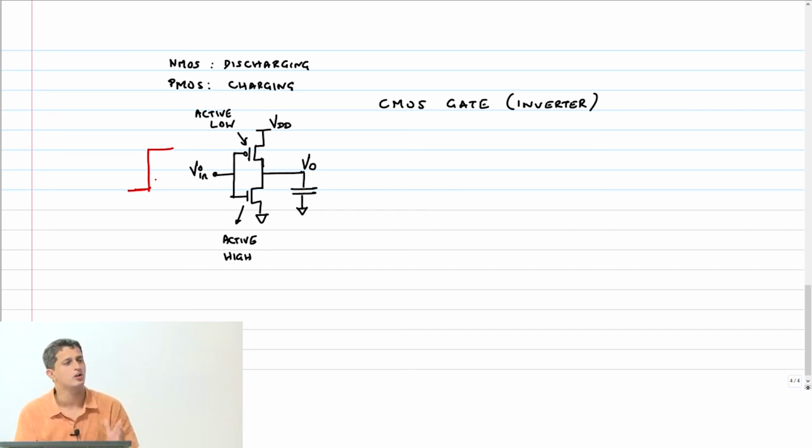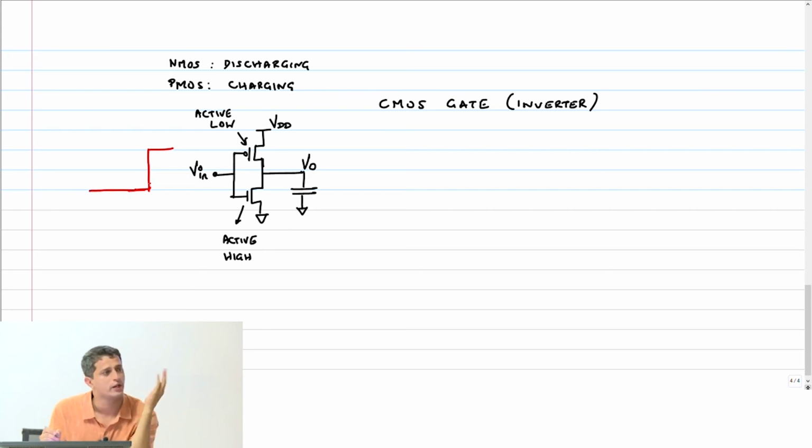If my input is 0, let's assume that the input was 0 for long enough. So which of the two transistors would have been on? PMOS would have been on, and therefore the charging circuit would have been on for long enough, and therefore the output should be exactly VDD.